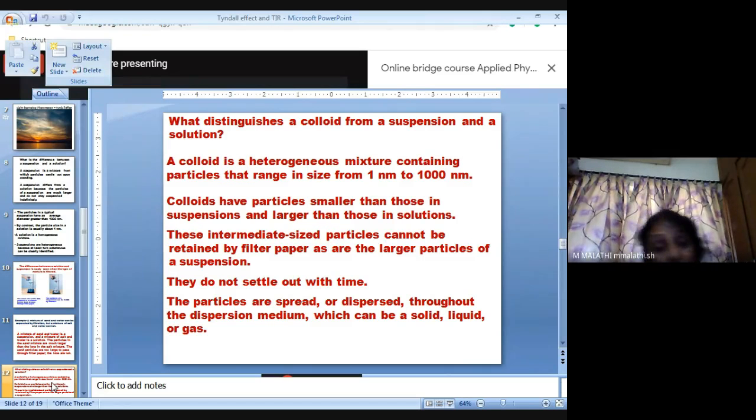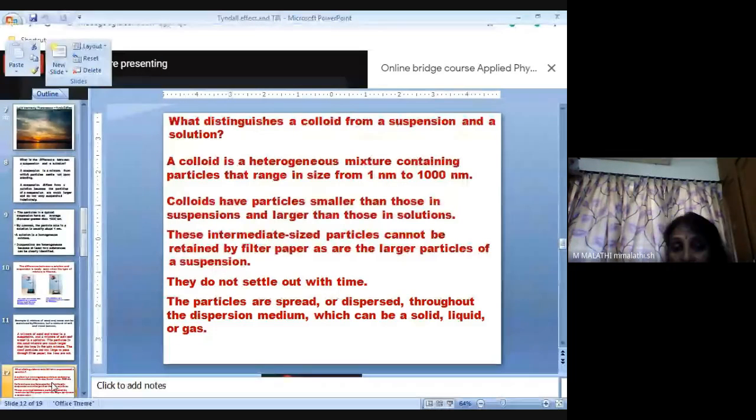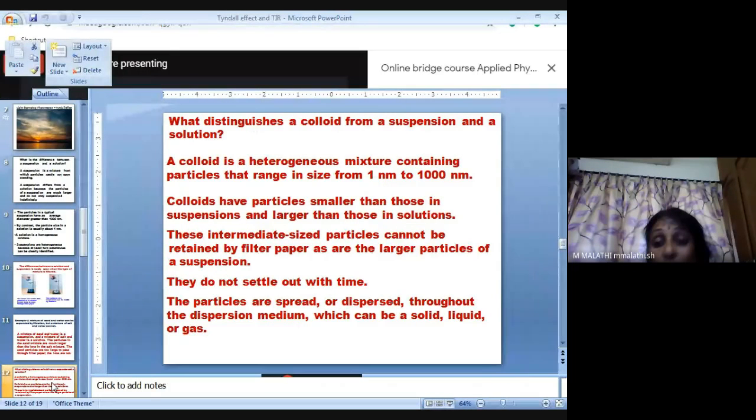See, a colloid is a heterogeneous mixture. It is similar to suspension. It is heterogeneous, but when you compare the particle size of the colloid and the suspension, in the colloid the particle size ranges from 1 nanometer to 1000 nanometer. It is in between, that is a colloid, the particle size is in between solution and suspension.